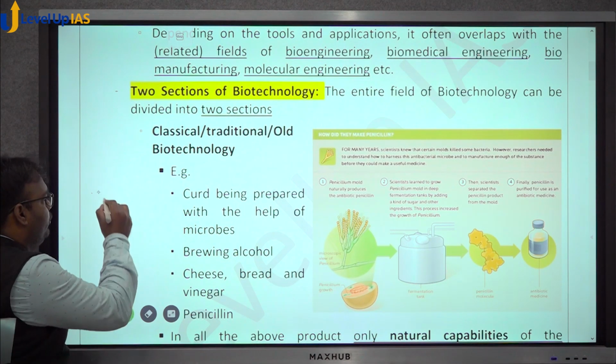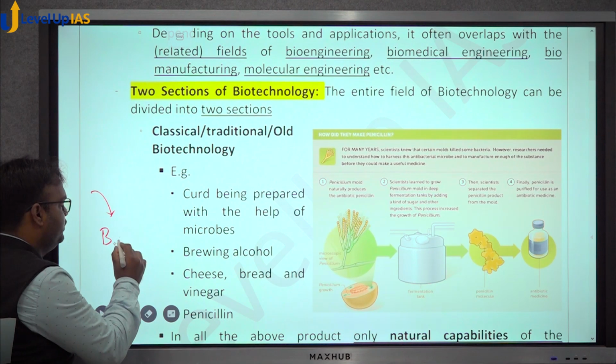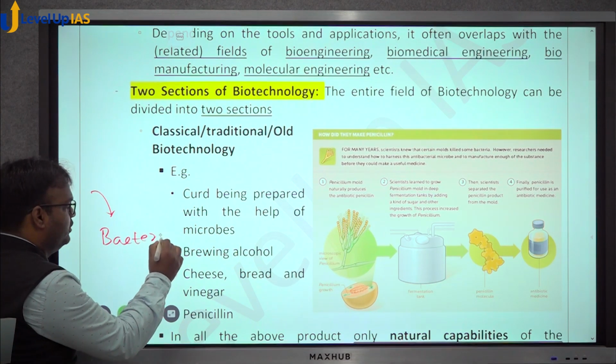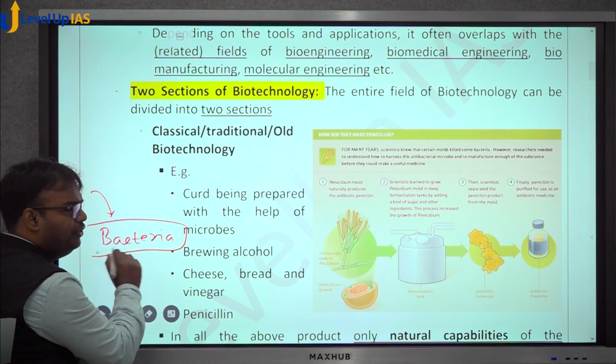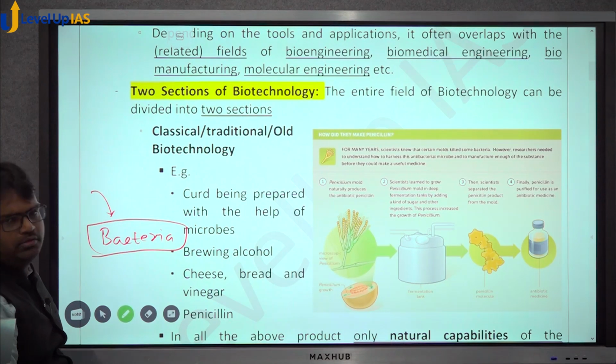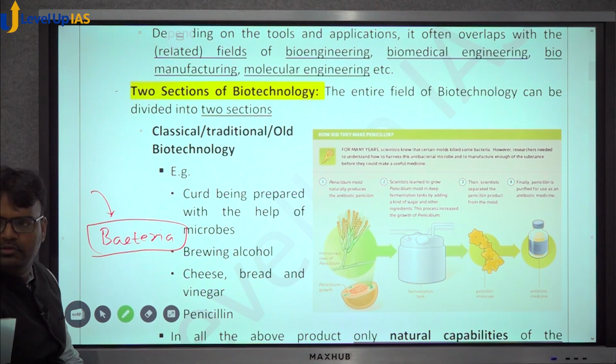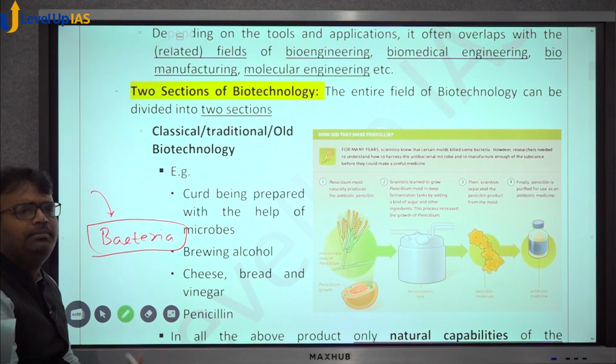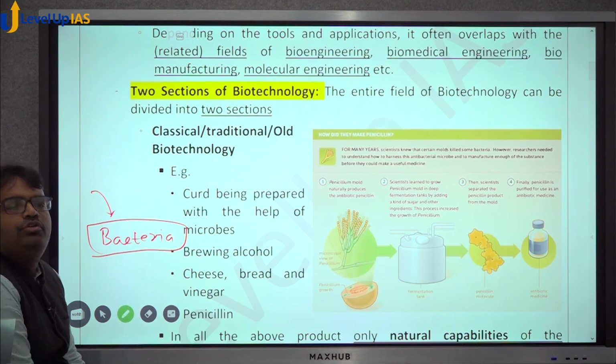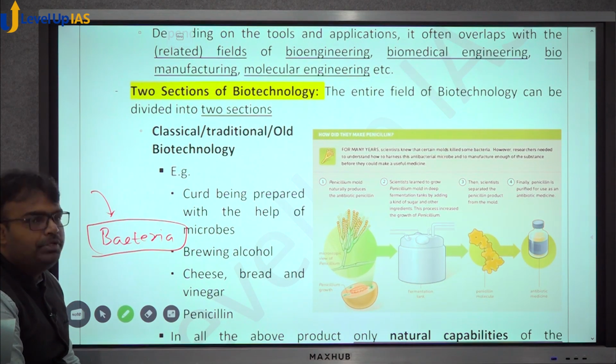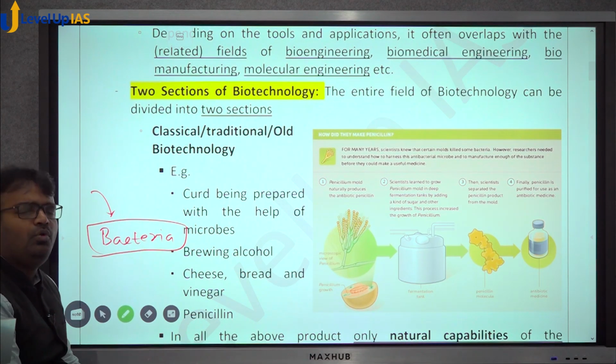You took some living organisms, some bacteria, and used these bacteria to make curd. Here you did not modify the bacteria in any way. You did not modify the bacterial properties in any way. This is traditional biotechnology, old biotechnology, classical biotechnology.